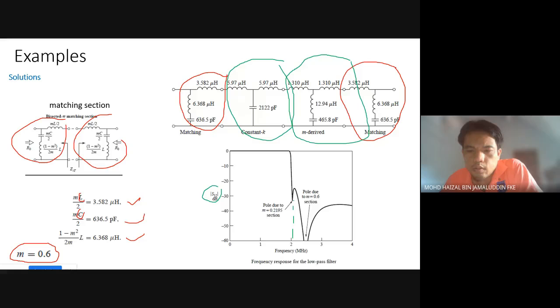You can see the first pole, which is due to m equal to 0.2195, and the second pole is for m equivalent to 0.6. So these are the poles.